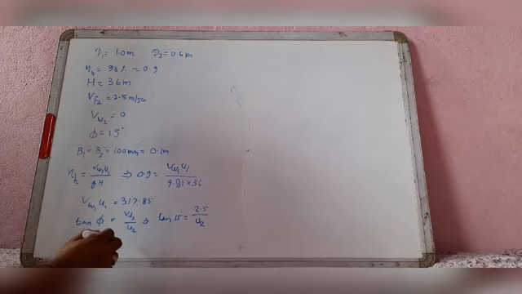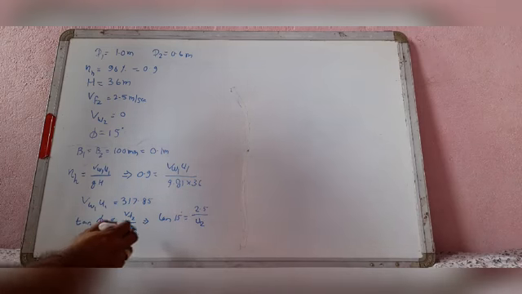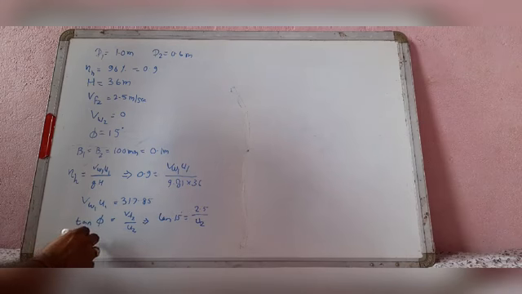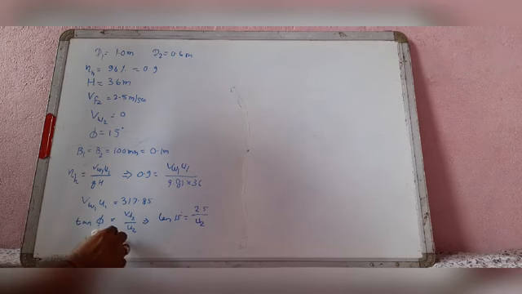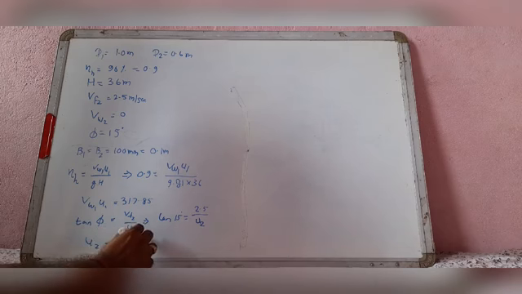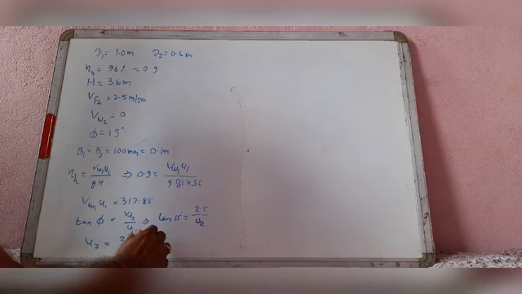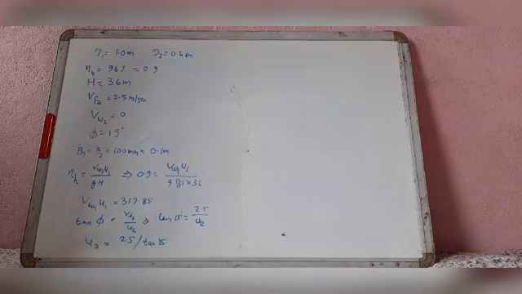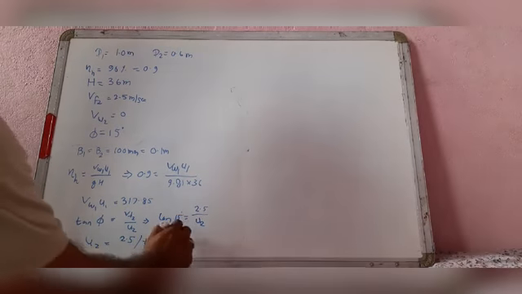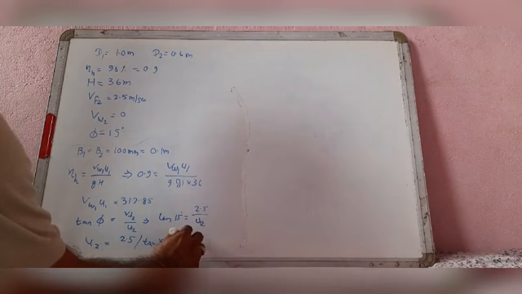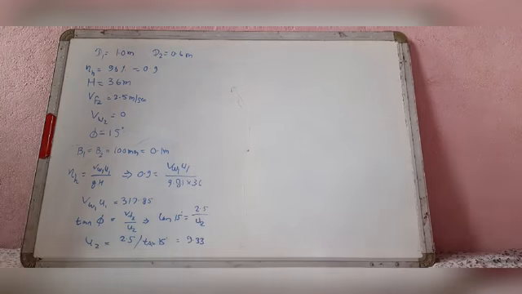Putting the value of tan 15 here, U2 equal to 2.5 by tan 15, which is equal to 9.3333.